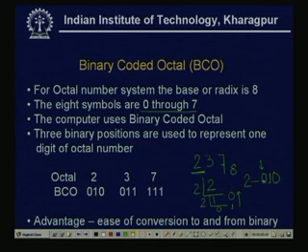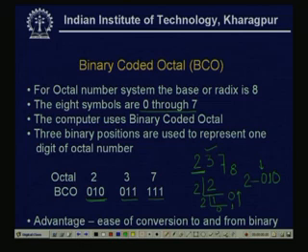So, the BCO of 2 is 0 1 0. Similarly, 3 we can represent as 0 1 1 and 7 is 1 1 1. So, the octal 237 gives the binary coded octal 0 1 0, 0 1 1, 1 1 1.